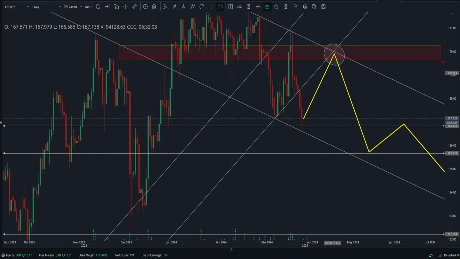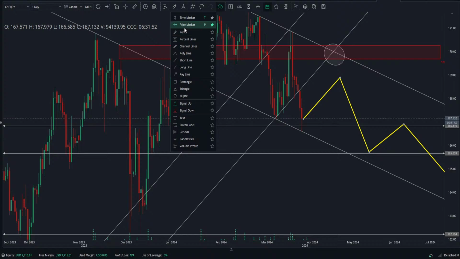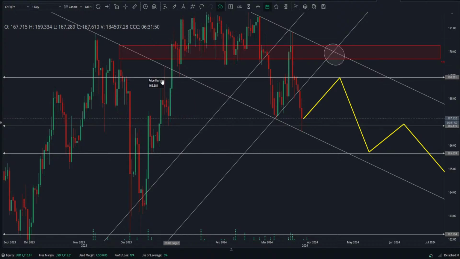Now this doesn't mean that it will fall from here. If the sellers are aggressive, they may even start selling here at this low. They may even start selling at this level, that is 168.88.